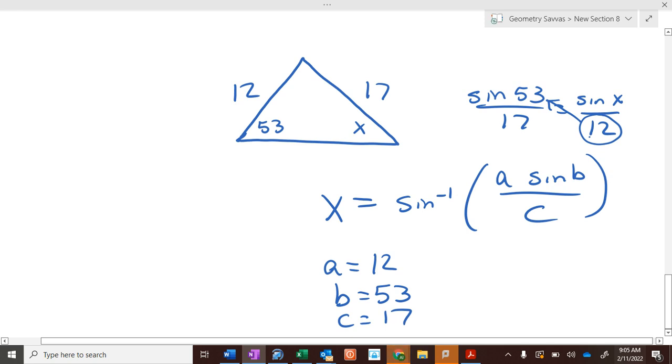It's just, can you set it up to put it into your calculator? It's not even doing any calculations. You're not finding anything. What's a, b, and c? So if you can write out this, you just have to figure out, okay, where do I start? And that's a. And then this is b. And then this is c. Okay, law of sines. Okay, then we'll have a perimeter problem.